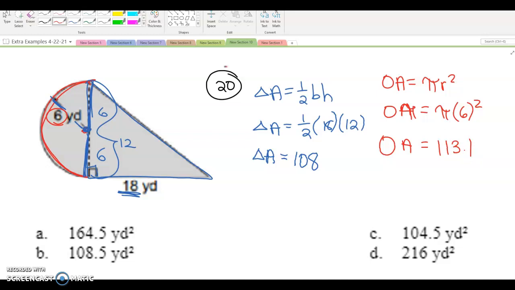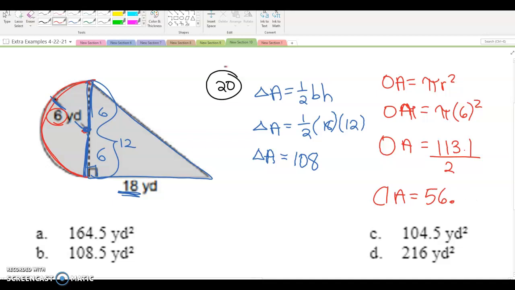Now that's for a whole circle. So what do I still need to do to that number? Divide it by 2 so it gets that half a circle. So half of a circle's area would be what? What's 113.1 divided by 2? 56.5, and that 5 would round up to 56.6.